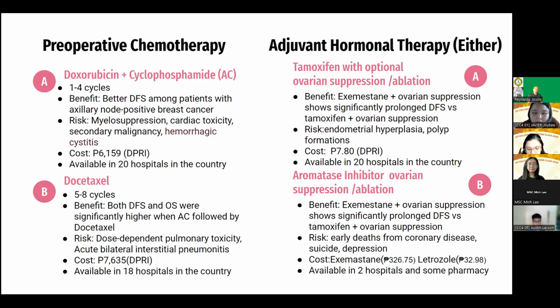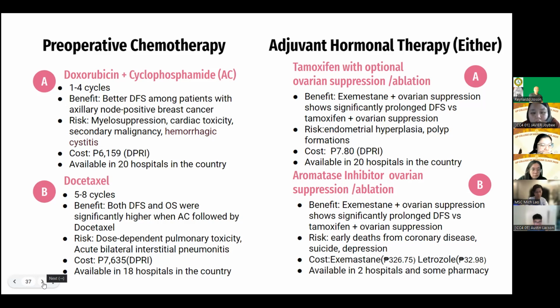In the RCTs, either tamoxifen or exemestane among premenopausal women who have undergone surgery for HR-positive breast cancer demonstrated no significant difference in disease-free rates. Between tamoxifen with ovarian suppression and tamoxifen alone, there is no significant difference. So routine ovarian suppression is not recommended.